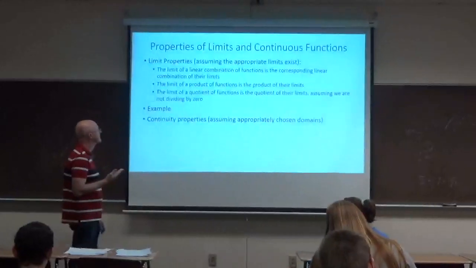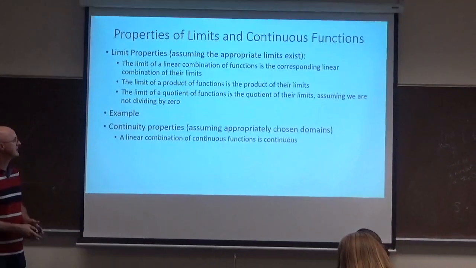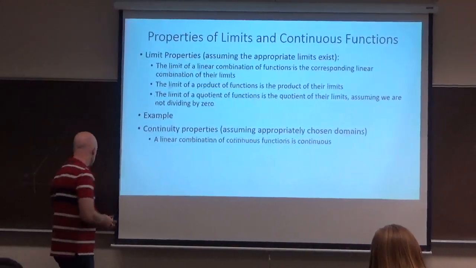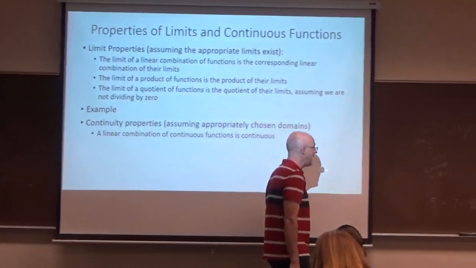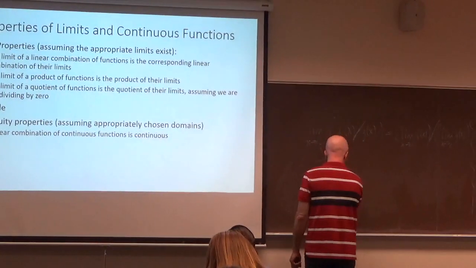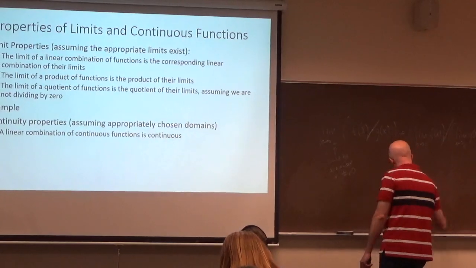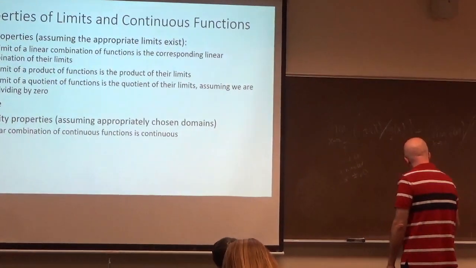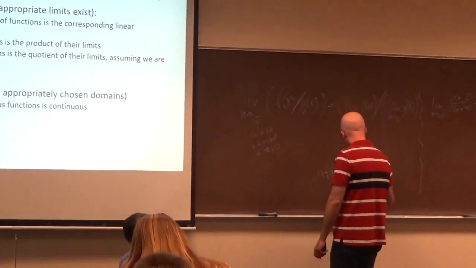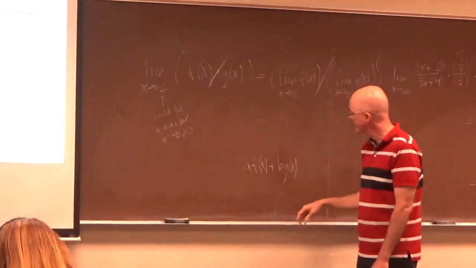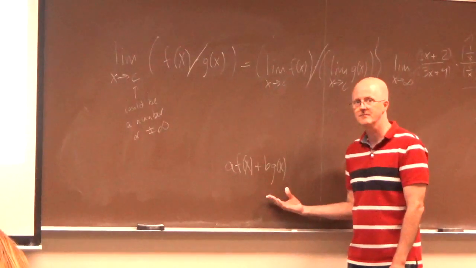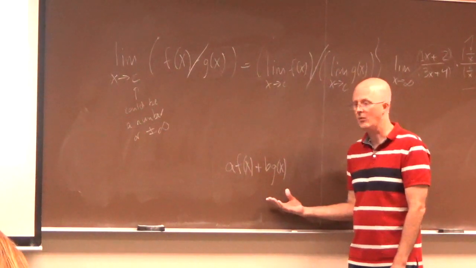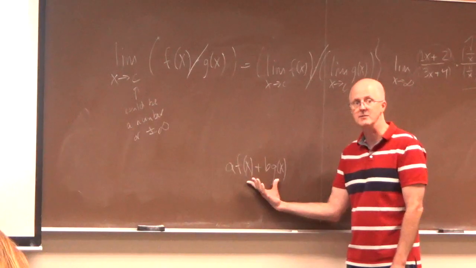These properties also carry over to continuity. Linear combinations of continuous functions are continuous, both at a point and on a certain domain, a certain set S. Again, if a and b are constants and f of x and g of x are functions, if f and g are continuous, then so is this linear combination, wherever these functions are both continuous.